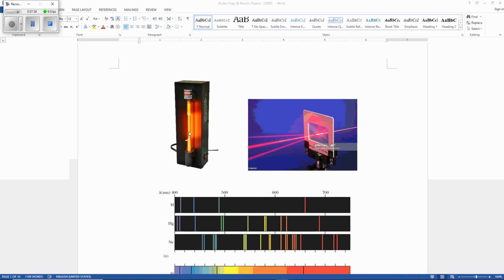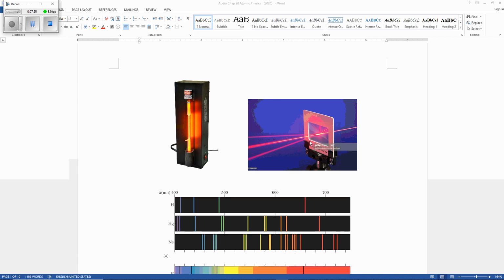You have a tube with different atoms inside. You have one tube for hydrogen, another tube for neon, helium. When you add voltage, the atoms absorb energy, then give off light.